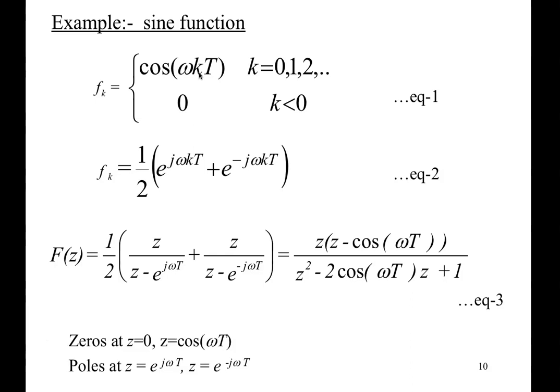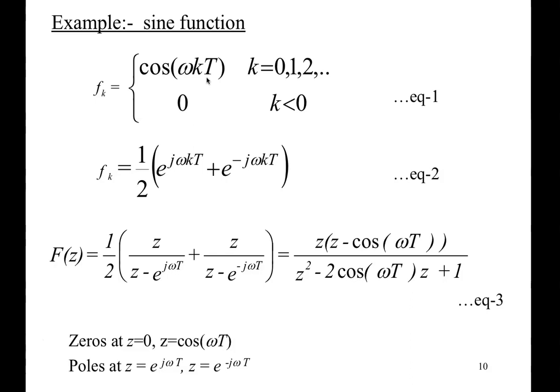And we know the relationship, from your maybe A-level math, between sine, cosine functions and exponential functions. In fact, cosine omega t would equal half of exponential j omega t plus exponential e to the power of minus j omega t.